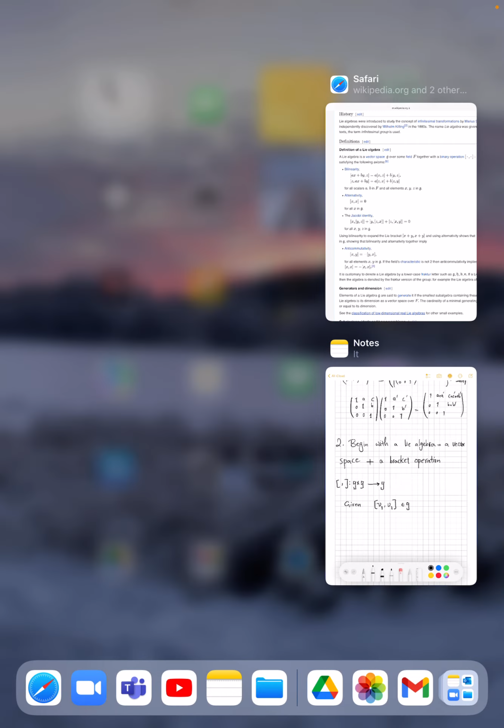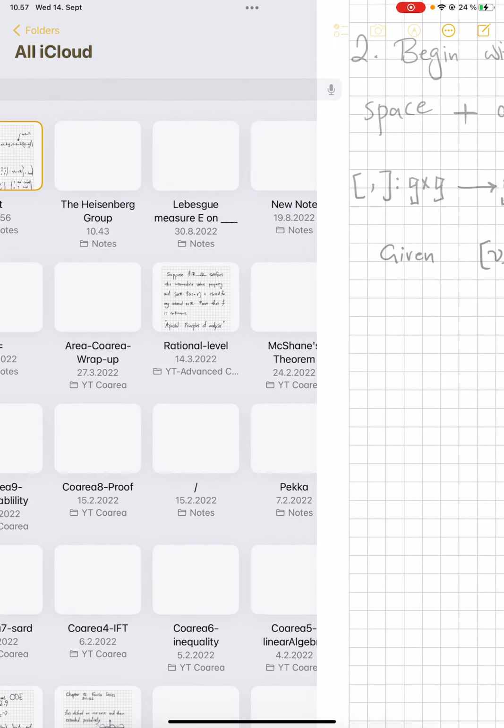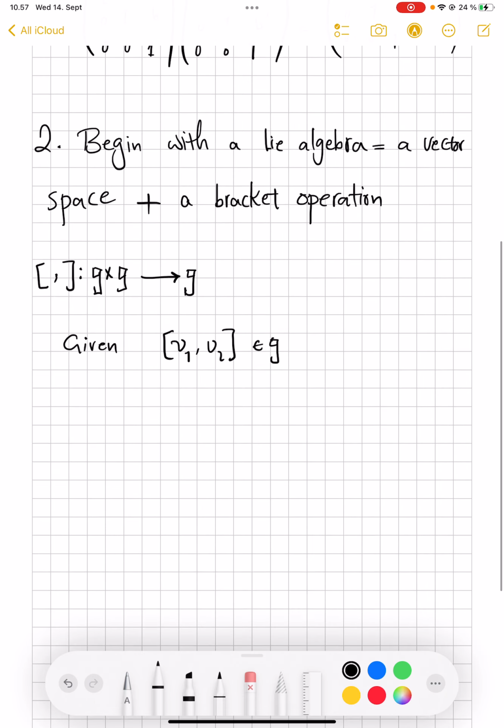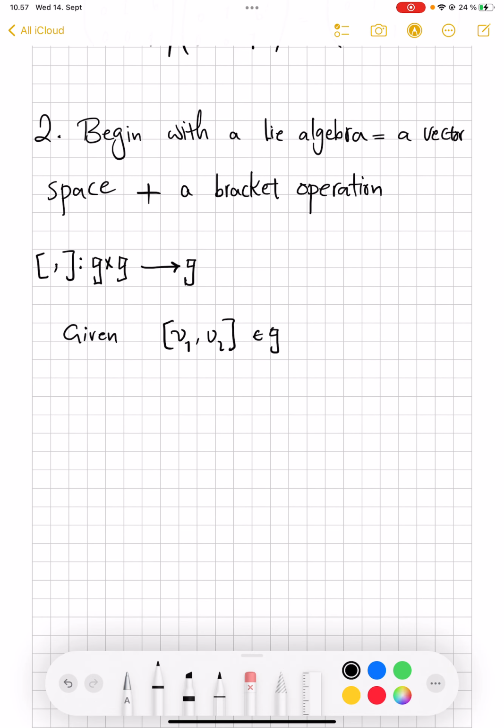Now, what does this have to do with the Heisenberg group? We are going to construct the Heisenberg group by starting with its Lie algebra.